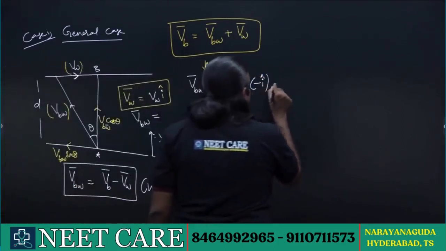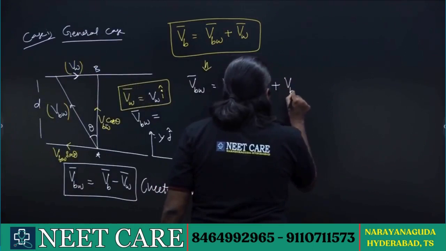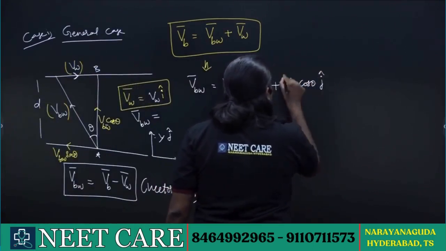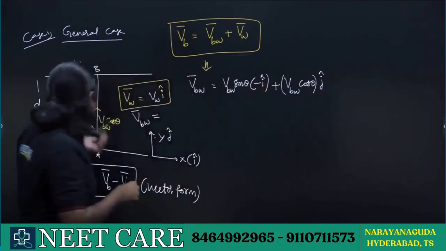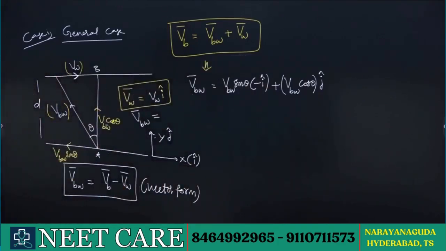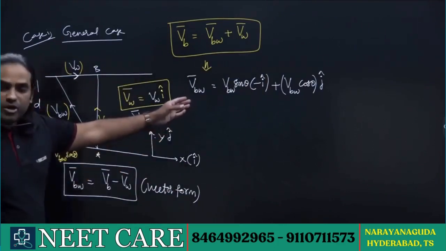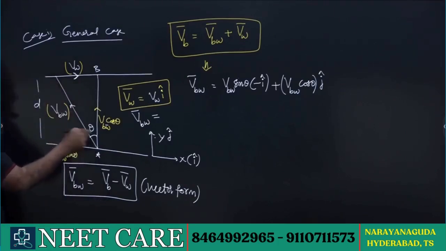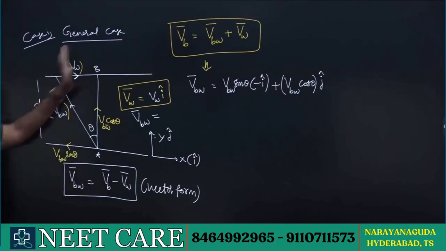And plus VBW cos theta into j cap. This is plus j cap because upward AB is along the positive y-axis. So this will be the vector form of velocity of boat with respect to water in the general case, where the boatman is keeping the boat against the flow of water, so that the velocity of flow of water will help the boat in reaching the opposite bank. That is the motto of the boatman.